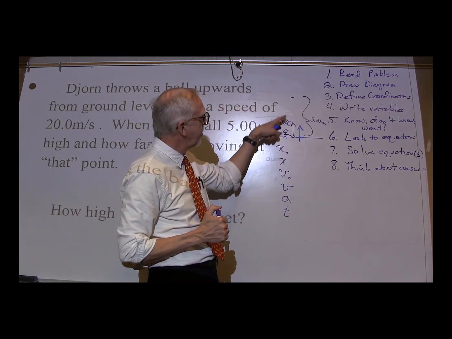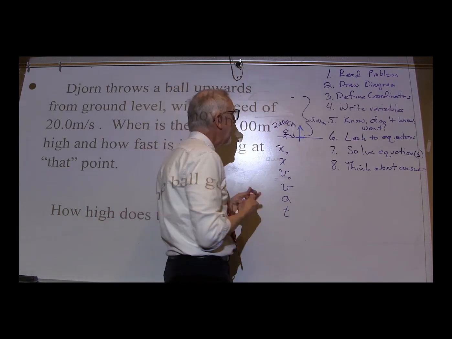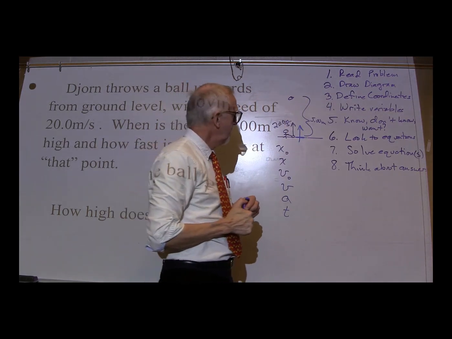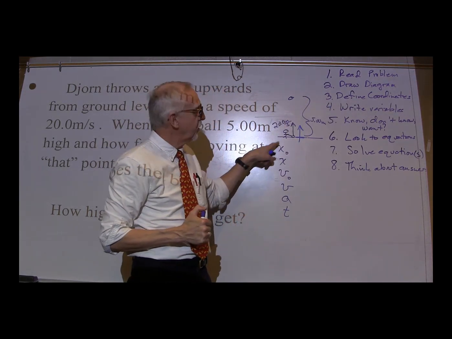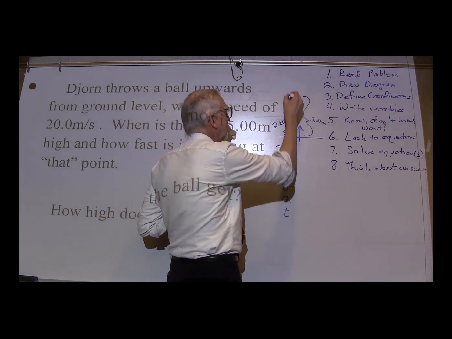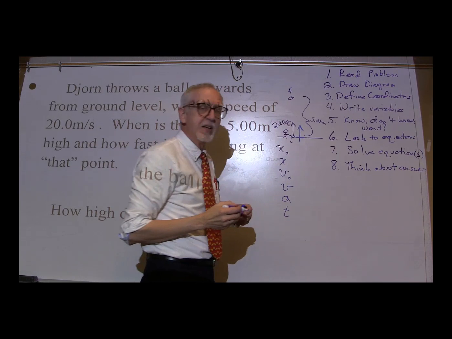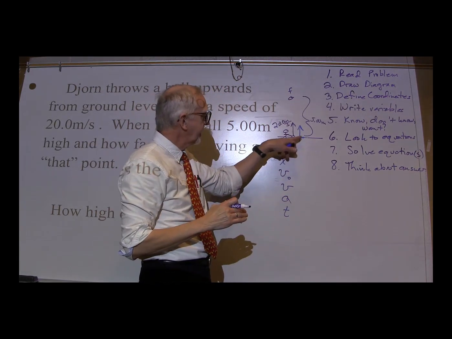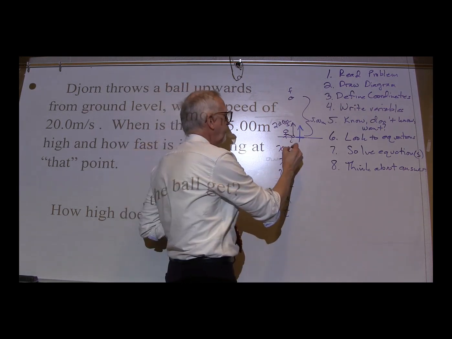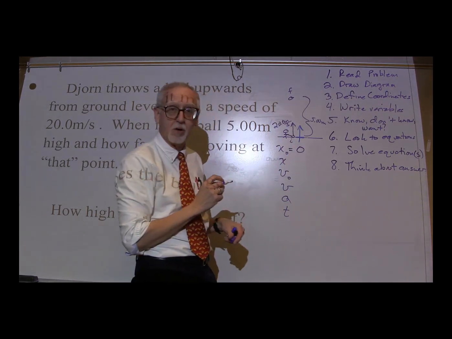So here's our problem. The ball is being thrown upward, and we are being asked when is the ball at a height of 5 meters. So what do we have? x naught. Here's the initial position. Let's remember, initial and final. So here's initial, here's final. What's the initial position? What's the initial height, you might say? x equals 0. x naught equals 0.